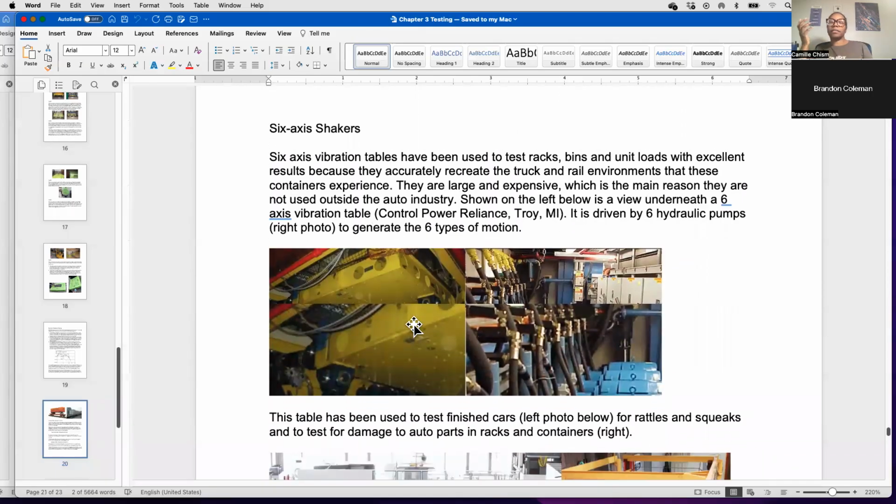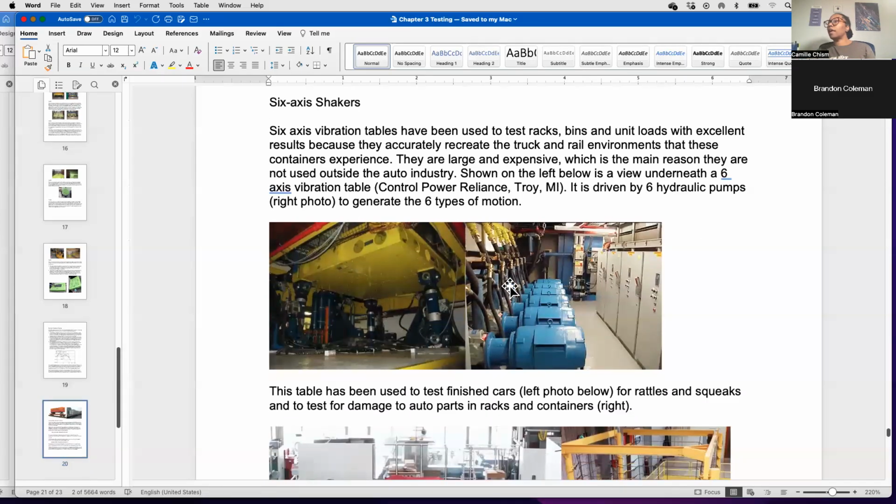We mentioned all the different axes, and that most of the shake tables are just omnidirectional. But this is an example of a table that can move in multiple directions. I've seen these, you don't see them very often. In fact, I might have gone out to this place in Troy, Michigan years ago, because they had a pretty big shake table.